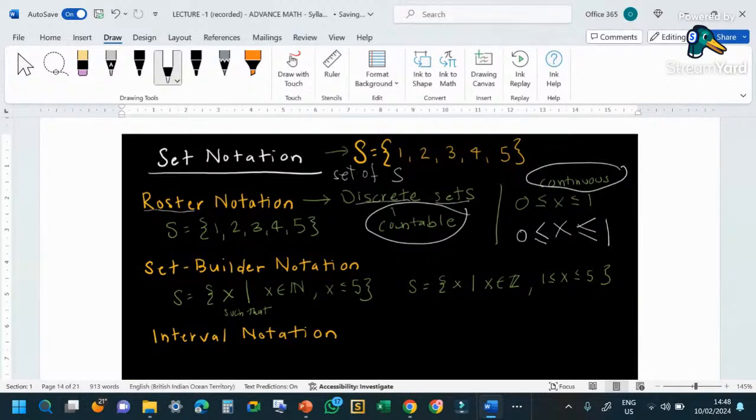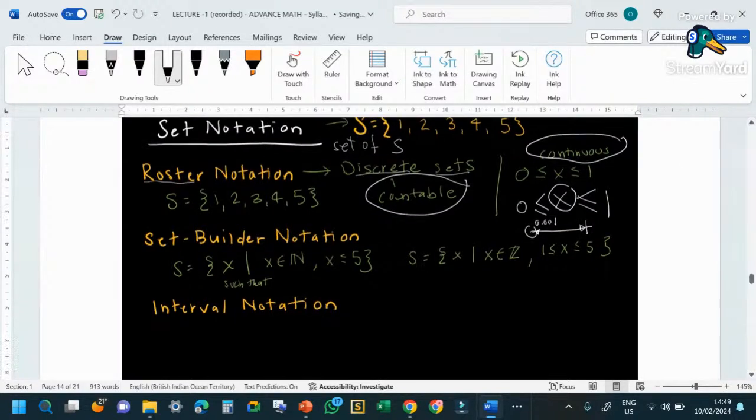So what are those numbers that are greater than 0 and less than 1? You only have 0 and 1 in between as whole numbers, yeah? And 0 to 1 could be 0.001, 0.5. For as long as it doesn't reach 1, all the decimal numbers will be the set of x's. And that's the continuous one, right?